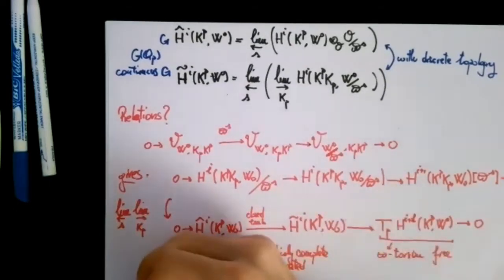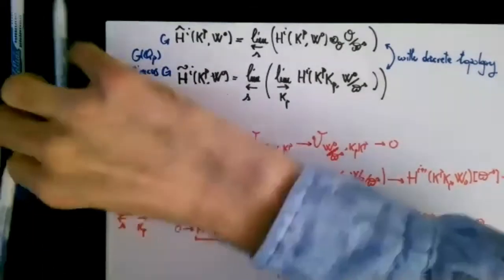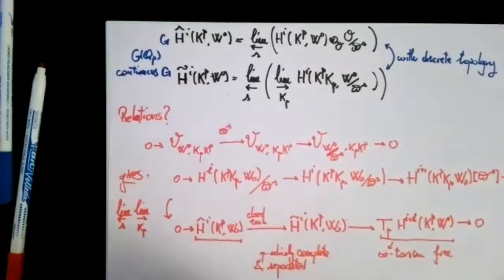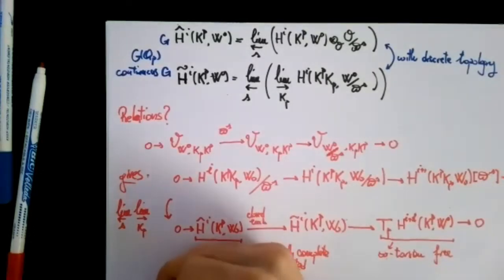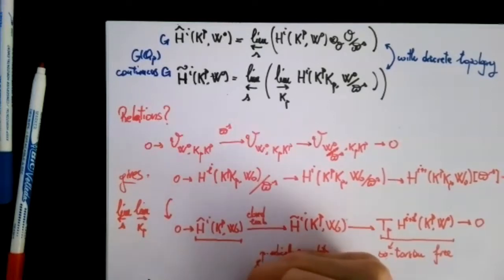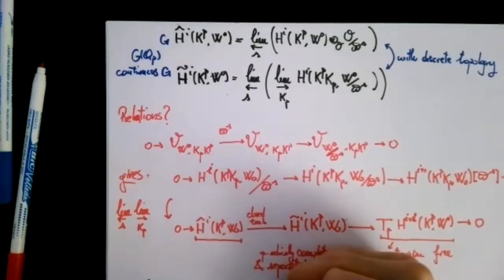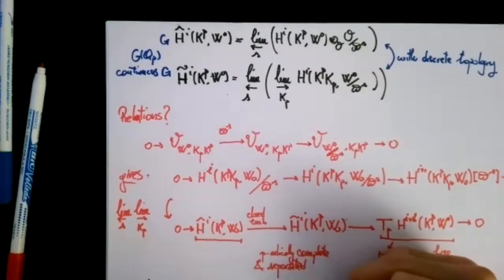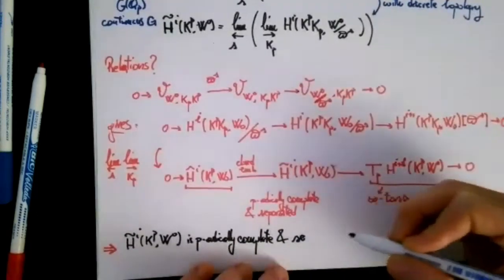So this implies the following very important fact, that H tilde I K upper P W naught is p-adically complete and separated, with a continuous action of GQP.